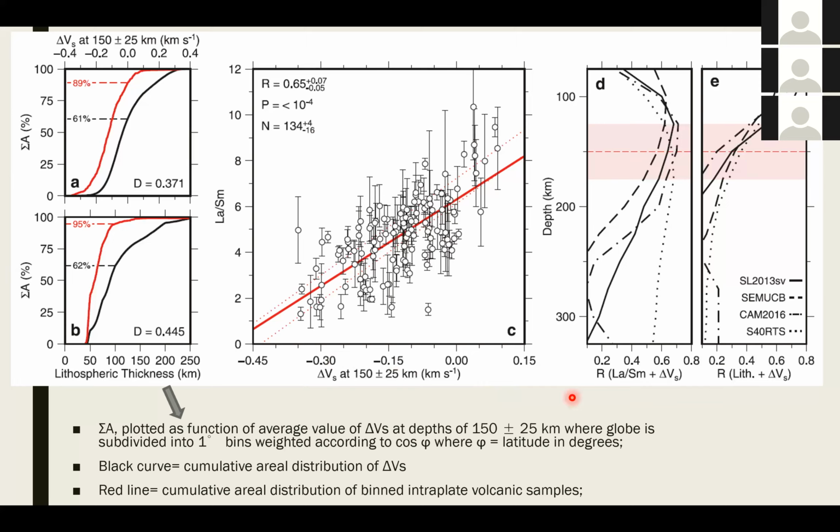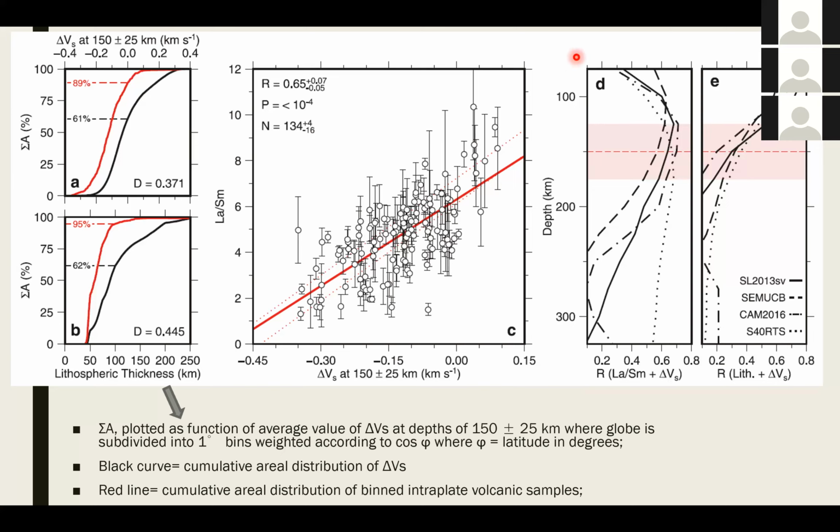And since 96% of the basalts occur where lithospheric thickness is less than 100 kilometers, they use the average value of delta velocity at 150 kilometers depth to represent the asthenospheric mantle. The result is that igneous rocks with lower La/Sm ratio, which are indicative of higher melt fractions and higher temperature at this depth.